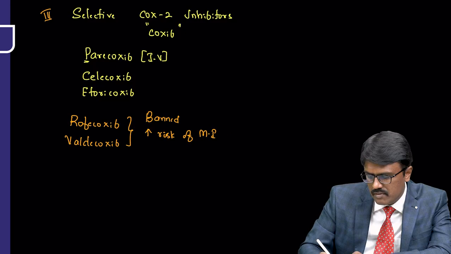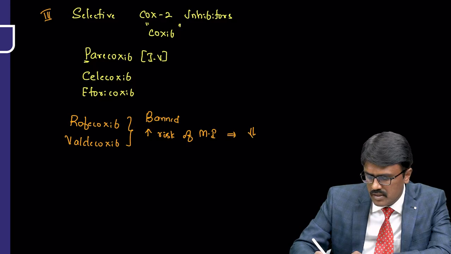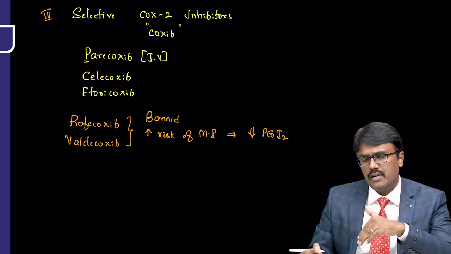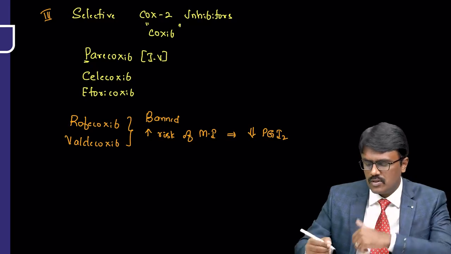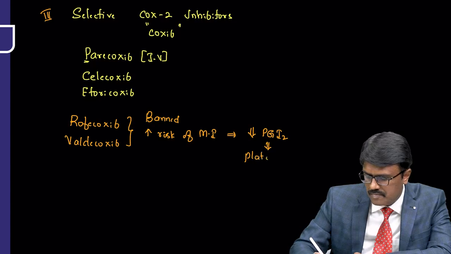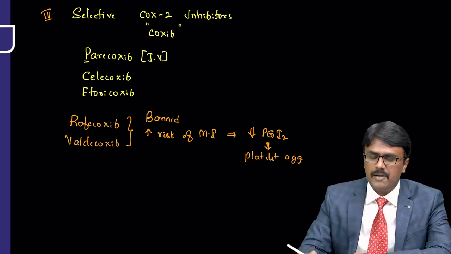Now why do they increase the risk of MI? When we inhibited COX-2, in these patients there was a decrease in prostaglandin I2. What is the role of PGI2? To prevent platelet aggregation, but when you decrease that, platelet aggregation increases. And the platelet aggregation will lead to clot formation and then MI.